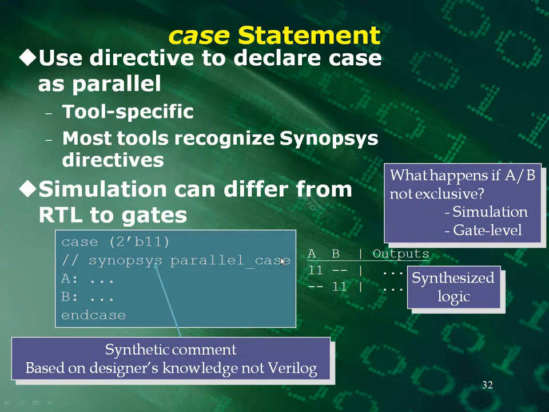In some synthesis tools, you can declare case statements to be what are called parallel case statements so that they're mutually exclusive. But it's tool specific, and a lot of the tools will recognize the Synopsys directives. Synopsys has directives that you can embed in comment lines.